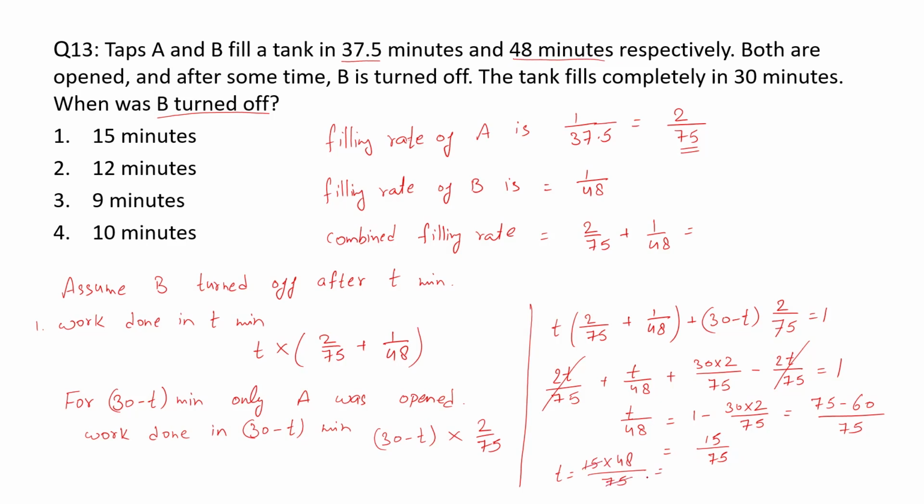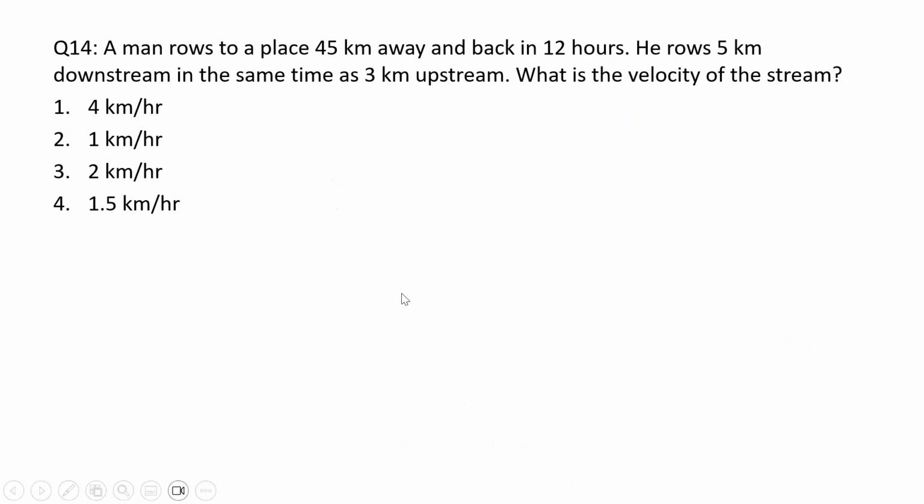So 15 and 75, you will have 5 here, and 5 and 48, you will have 9.6 minutes. So 9.6 minutes means around 10 minutes. So option 4 is correct. Is that okay? Let's see the next problem.